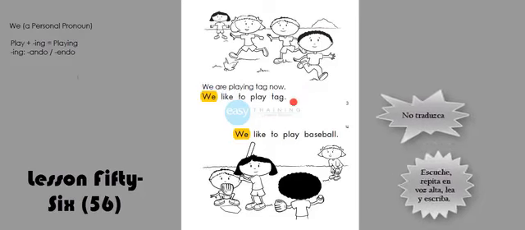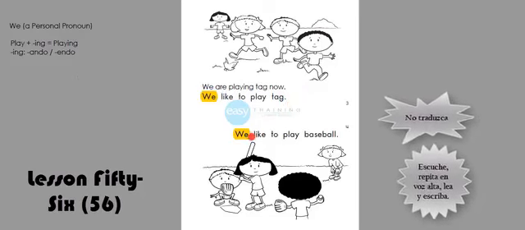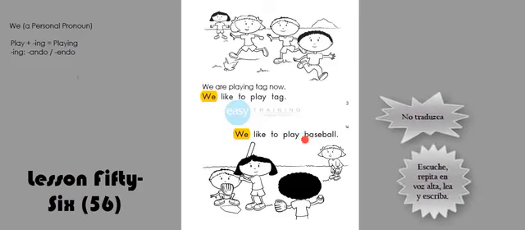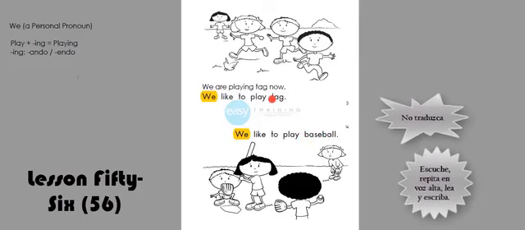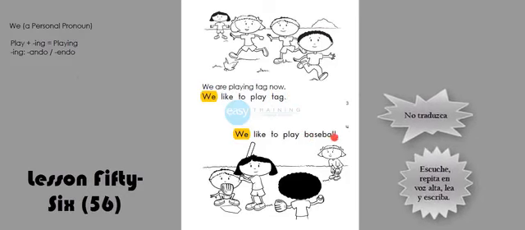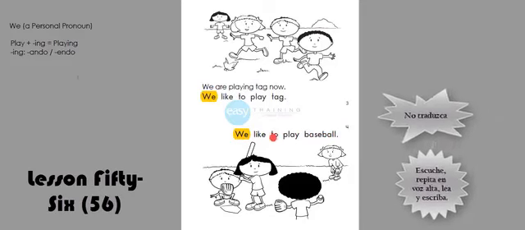On the next page, the boy or the girl says, we like to play baseball. Baseball is another game. Tag on page 3 is a game. Baseball on page 4 is a game. We like to play baseball.